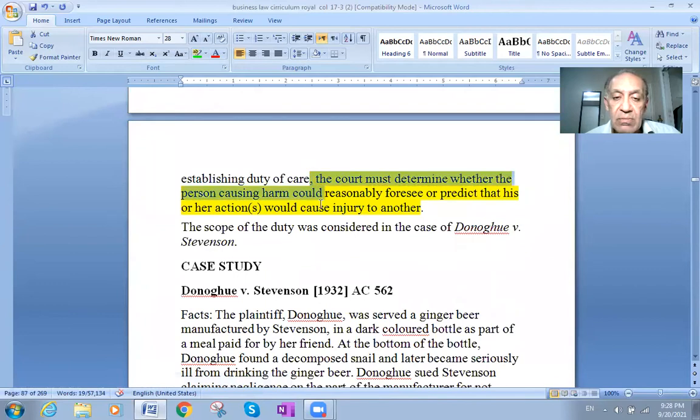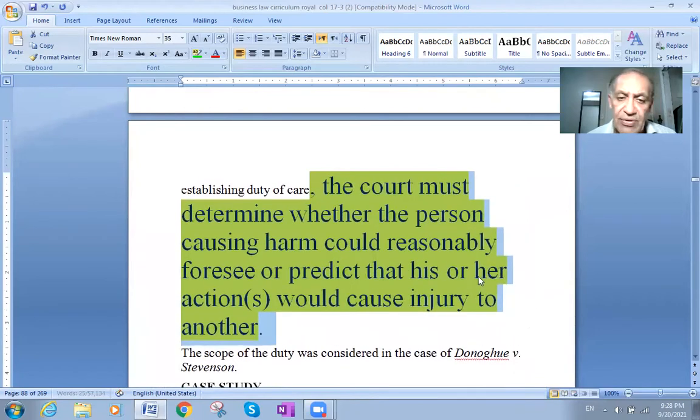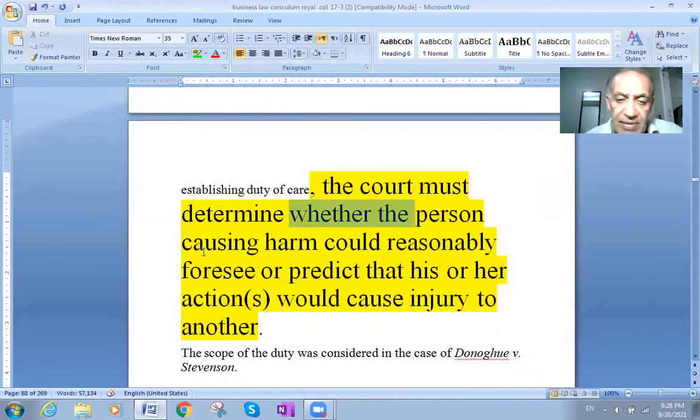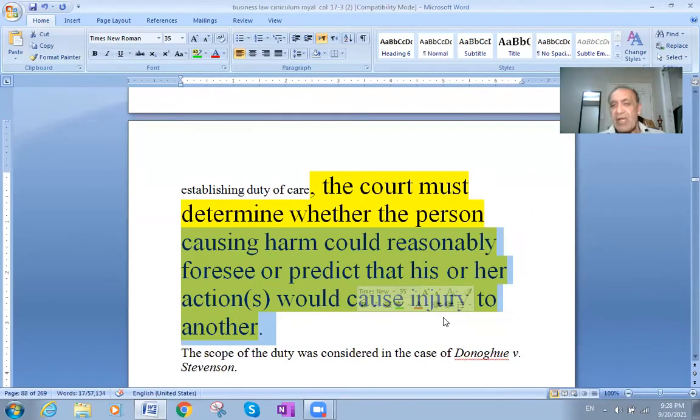Now, the rule of the court in that case is what? The court must determine whether the person causing harm could reasonably foresee or predict that his or her action would cause injury to others. So this is the rule of the court.